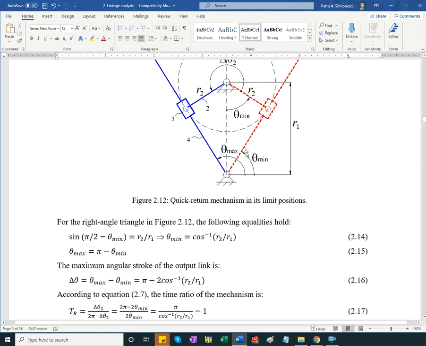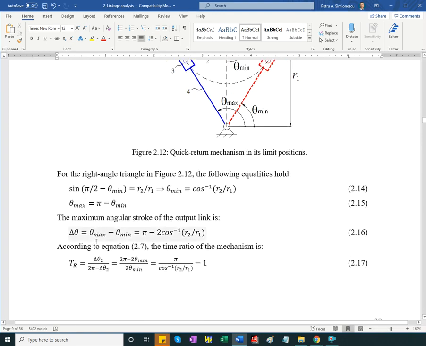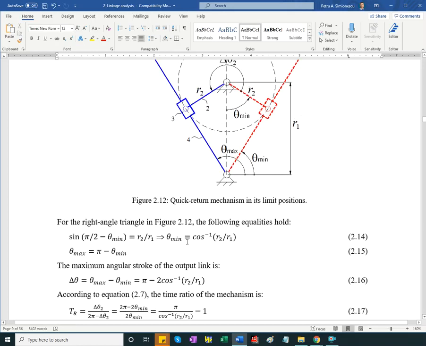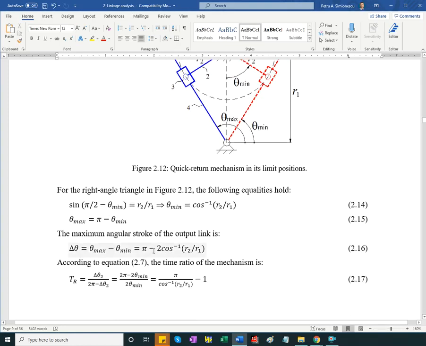Why are the two equal? Again, because of the symmetry, mirror image. So we've got theta min, we've got theta max, and delta theta, after simplifying a little bit and combining the two equations, will be pi minus 2 arccosine of R2 over R1.